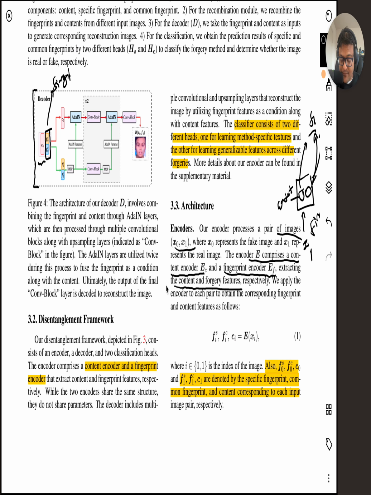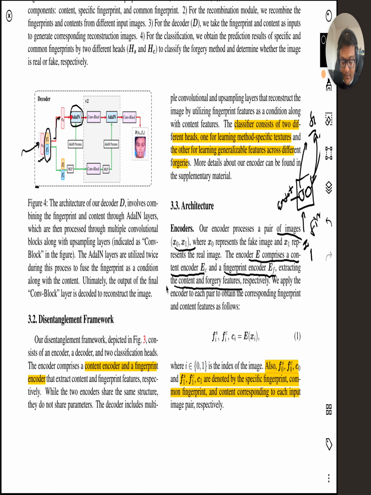So if you look at the decoder in more detail, what the decoder is doing is that you have a content feature of an image and the fingerprint forgery feature which you have decoupled. You have two branches in this decoder, and you take the content and feed it to an adaptive instance normalization layer.